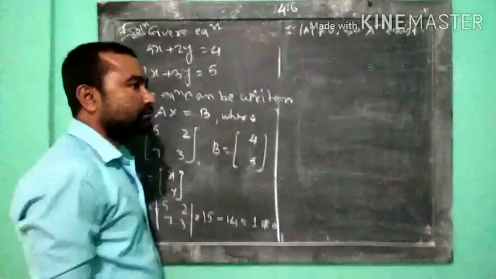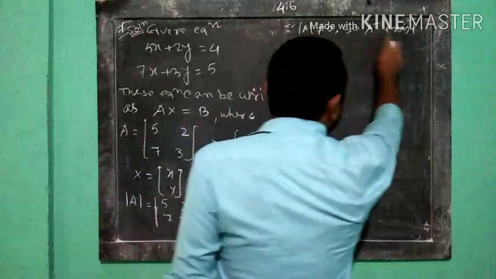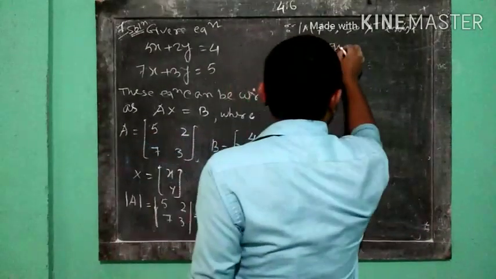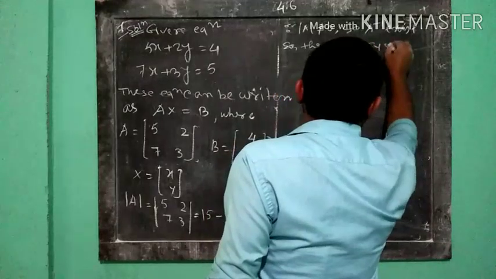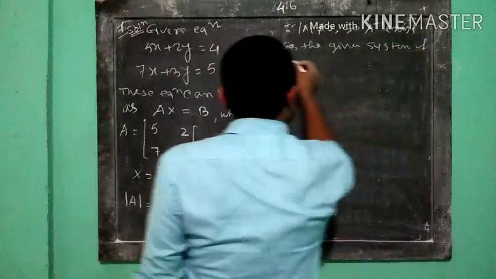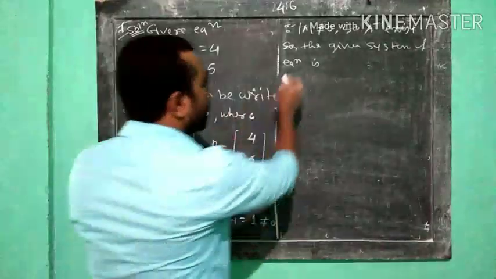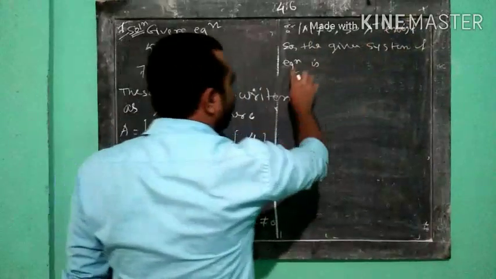Since A inverse exists, is the given system of equations consistent or not? It is consistent because determinant of A is not equal to 0.